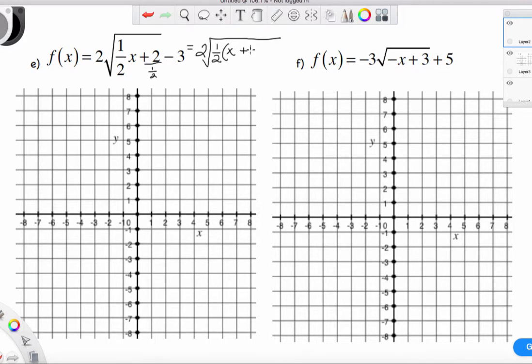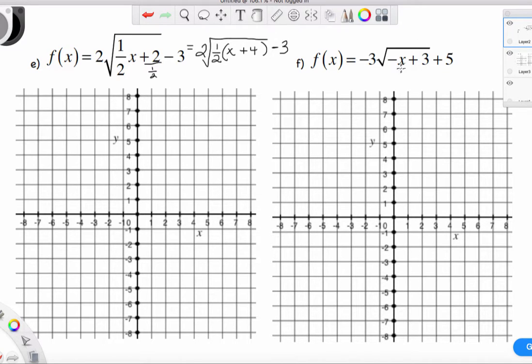So when you factor out your half, you get x plus 4. And you just have to be careful of that situation. And then we have minus 3 still on the end. So now that is in the proper form to analyze and look at our shifting and our compressions and stretches.